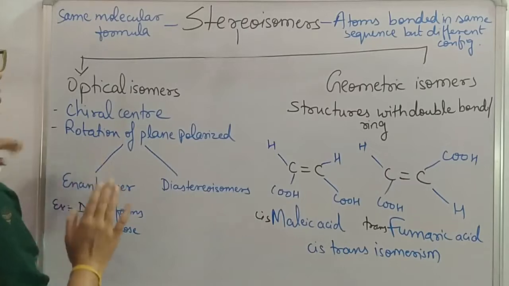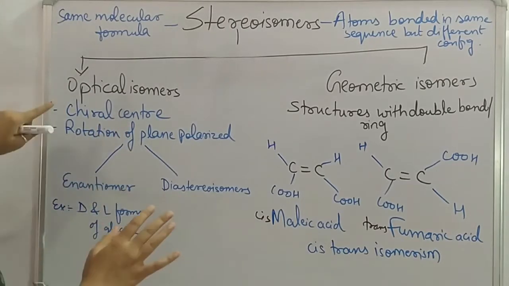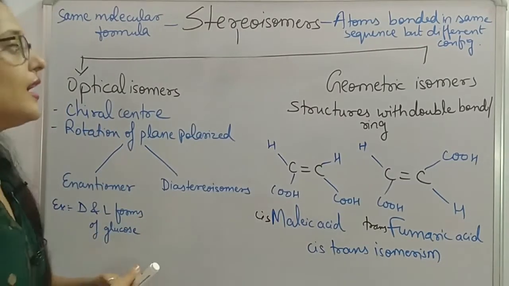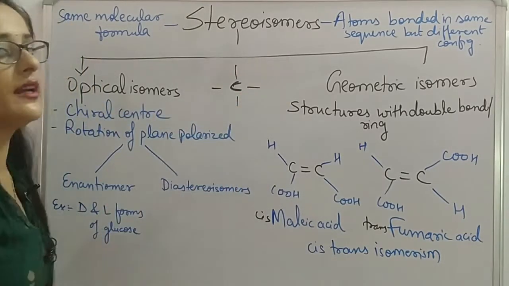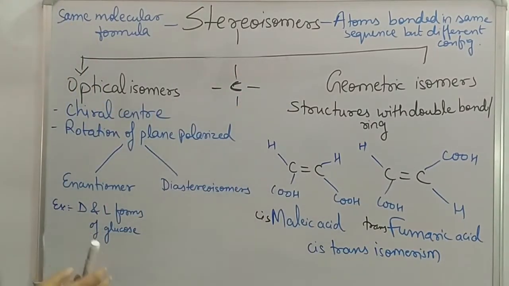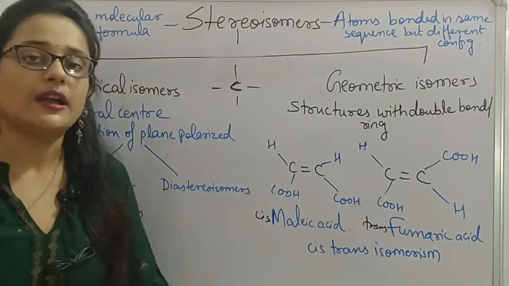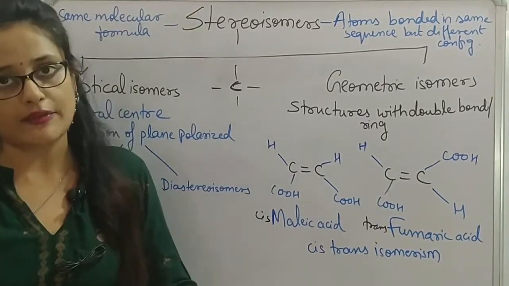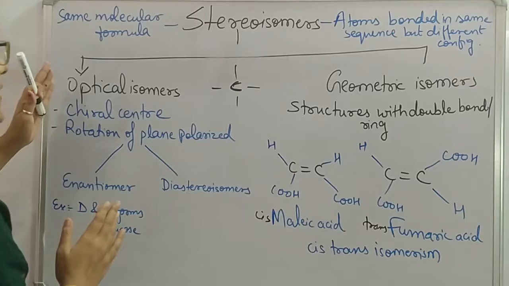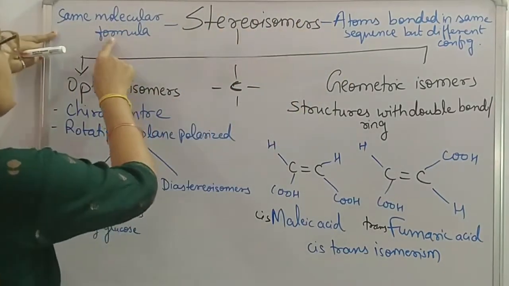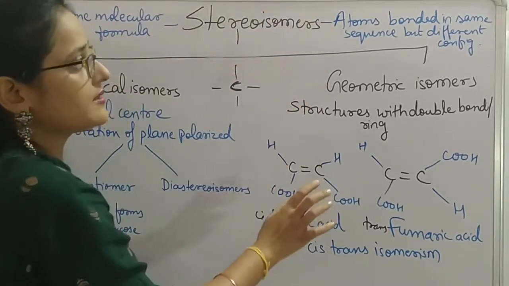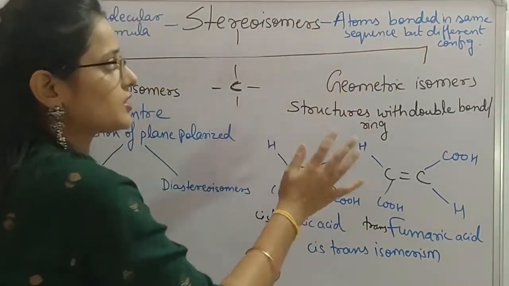So, optical isomers are the compounds which have a chiral center in them. That is, the carbon atom is attached to 4 different groups in their structure and they can rotate the plane polarized light either towards right or towards left. So, the optical isomers have 2 more things along with these 3 things: same molecular formula, atoms bonded in same sequence but different configuration.